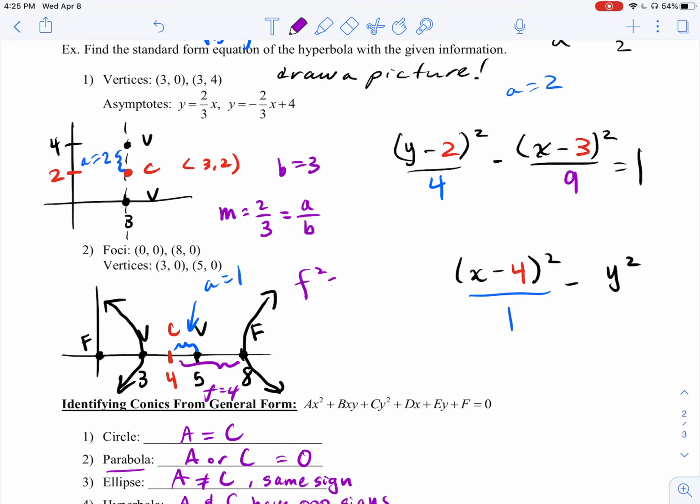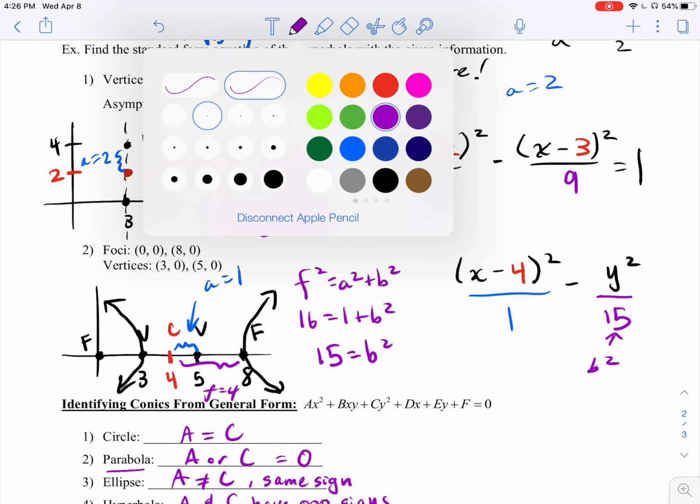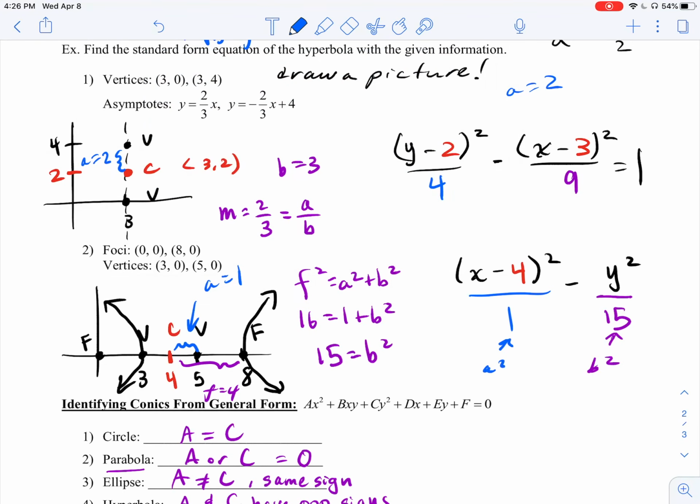F squared is equal to a squared plus b squared. If I know f is equal to 4, so that's 16 is equal to 1 plus b squared, so b squared is going to be equal to 15. And that's all I need to write over there. There's my b squared. There's my a squared. I've got 1. And this here is my standard form equation. Might as well box my previous one here.